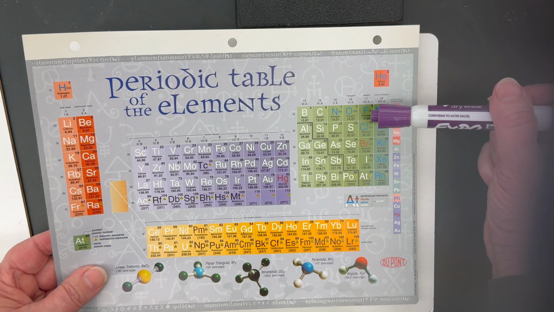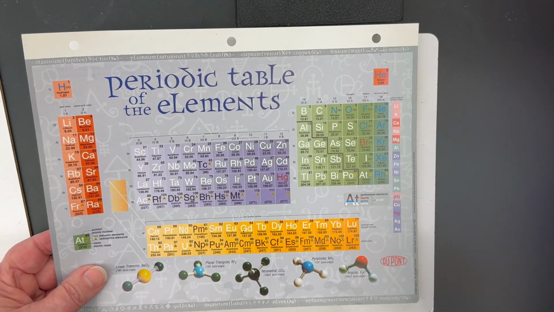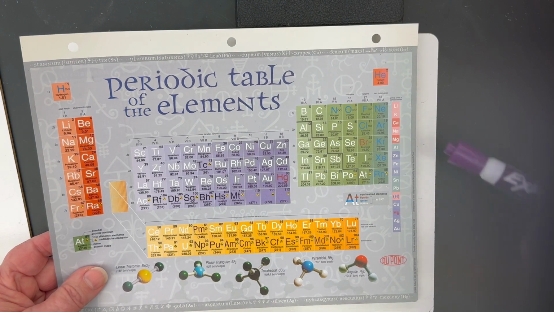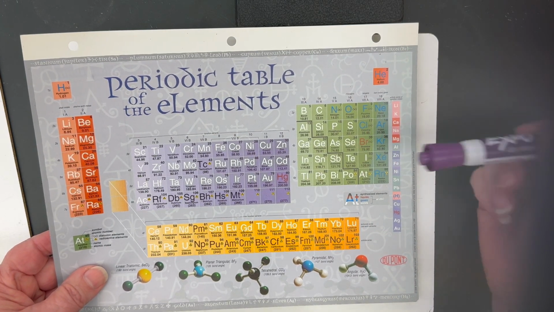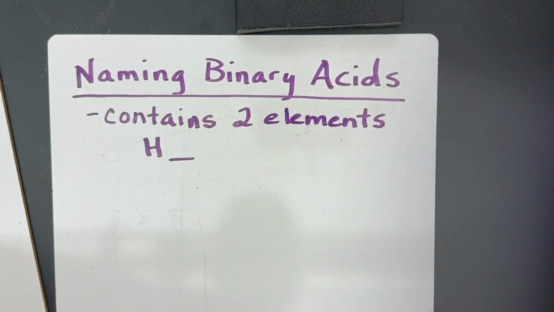This column 17, fluorine, chlorine, bromine, iodine, this column. And the charge on those when they make an ion is -1. Hydrogen is +1. So it ends up being a 1-to-1 ratio when you have a binary acid made with a halogen.